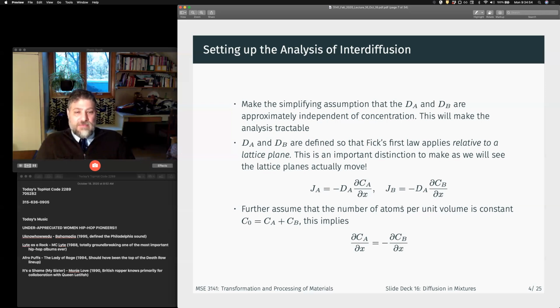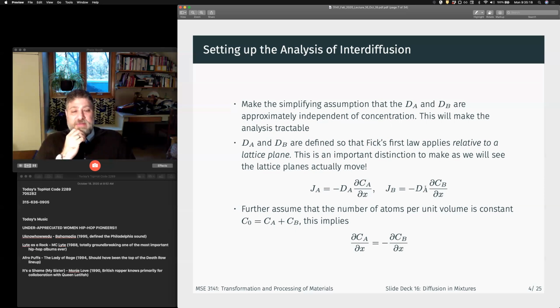Okay. I know that seems an odd distinction to make, but it's an important one, and we'll get to why. But basically, we just have Fick's first law here that is relative to some plane, right? This looks like what we saw before.